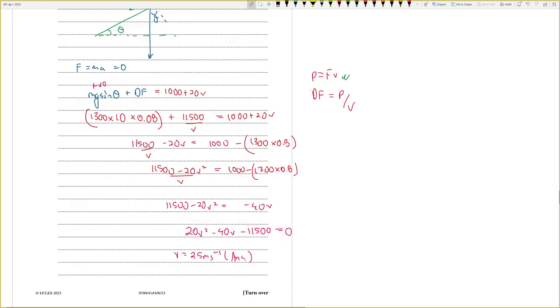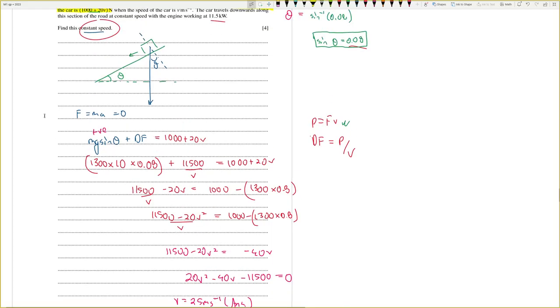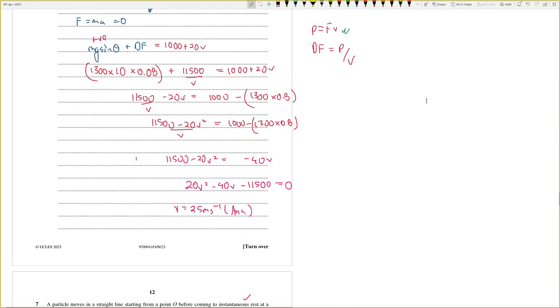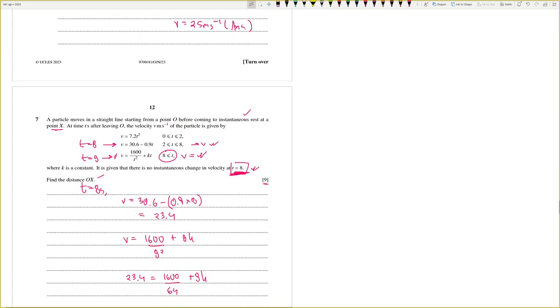You can simplify this a bit further. You can write it as 2v square minus 4v minus 1150 equals 0, but it doesn't matter. You can just find out the answer directly. They basically want to see your attempt at Newton's second law, and see if you've come to this equation over here. Okay, the net force must be 0.